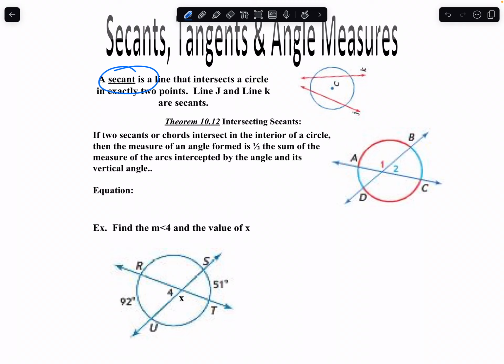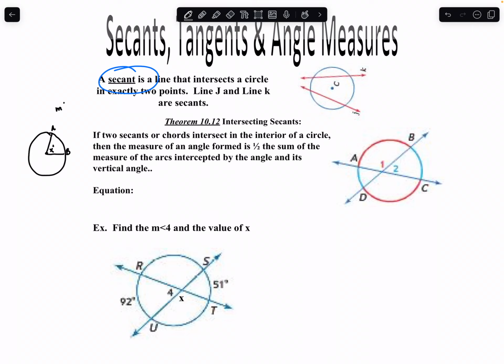So, this first theorem talks about what happens when two secants intersect inside the circle. I'm going to draw a circle here on the left. As a way to review, if we have a central angle, the angle in the center matches the intercepted arc. So this is AB.